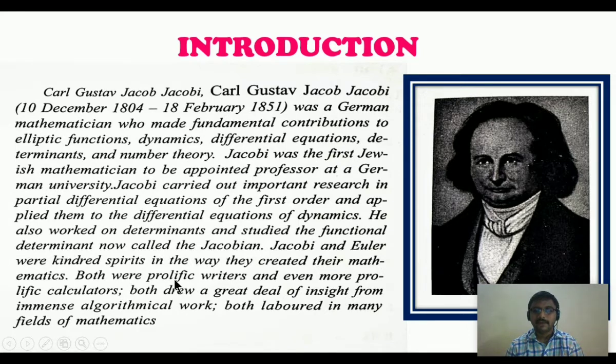Both were prolific writers and even more prolific calculators. Both drew a great deal of insight from immense algorithmic work. Both labored in many fields of mathematics. He is Carl Gustav Jacob Jacobi.